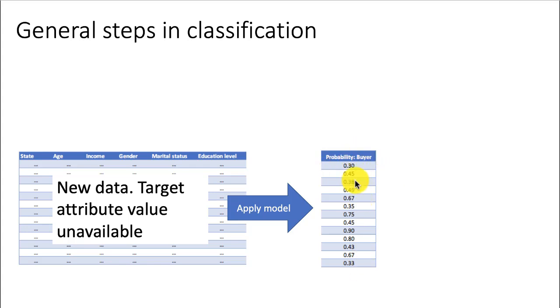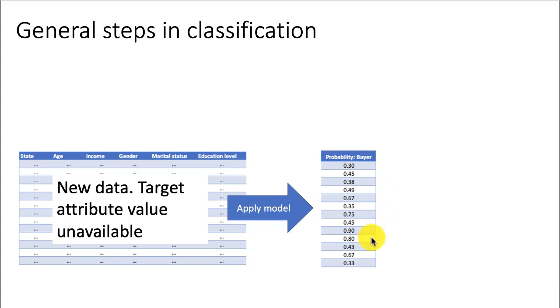So the step is not directly going from data to an actual classification, buyer, non-buyer, etc. Instead, the intermediate step is that it first calculates a probability. In this case, what it's saying is that whatever the data is on the first row, based on that, the model says there is only a 0.3 probability of that person being a buyer.